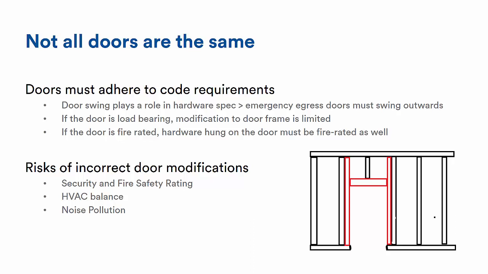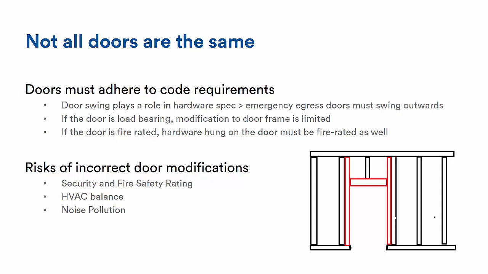And if the door is fire rated, then any hardware or accessories hung on the door must be fire rated as well. Fire rated doors and frames include a metallic tag that lists how many minutes the door can withstand fire exposure before failure. So what if a door is modified incorrectly?